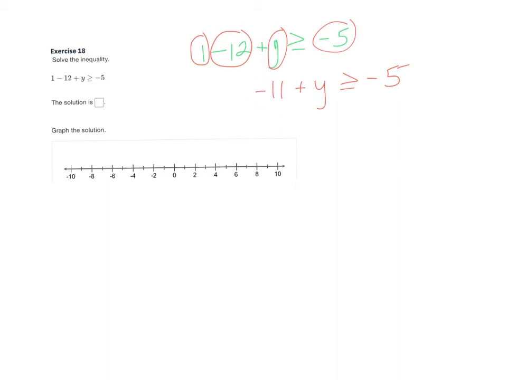The inverse of minus 11 is adding 11. I'm going to do that to both sides. I get y is greater than or equal to positive 6. So, to graph this would be a closed circle at 6. The inequality is telling me the direction is headed to the right.